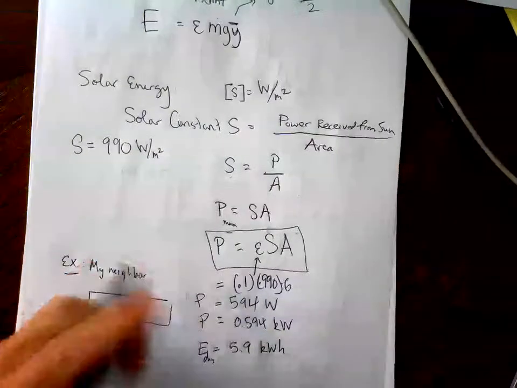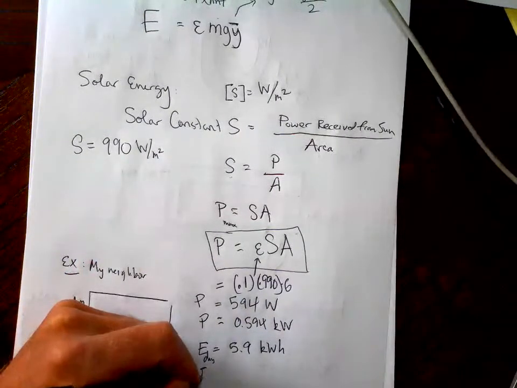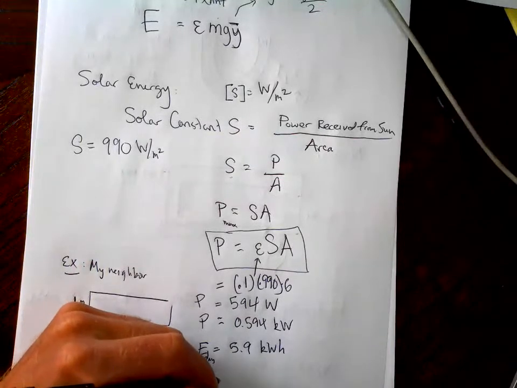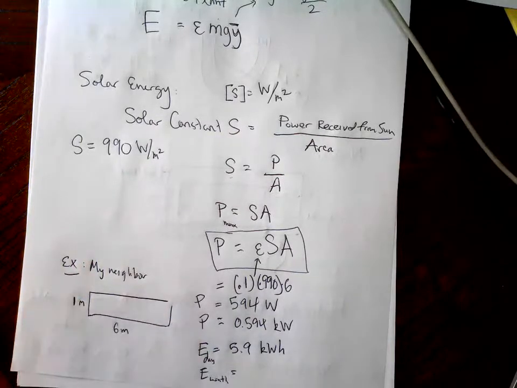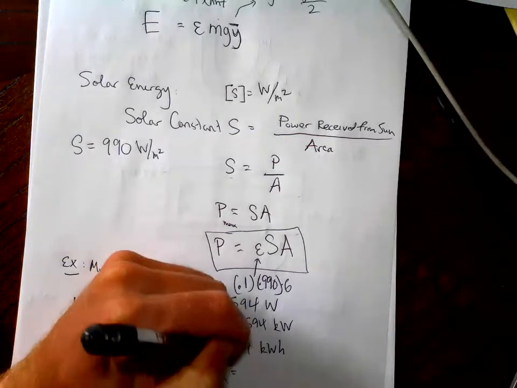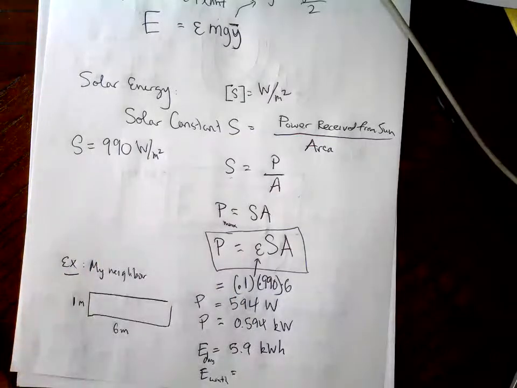How much energy is she going to get in a month? I'm kind of going on a rant here, by the way. So if I take this and multiply it by 30, that's the number in a month. So I have 5.9 times 30.